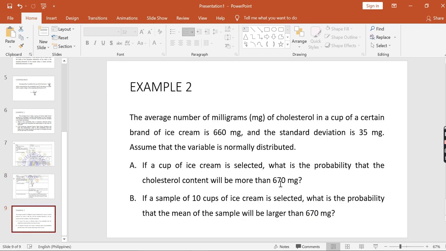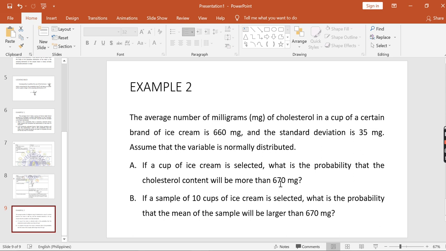Okay, so let's have this one. For example, number 2. The average number of milligrams of cholesterol in a cup of a certain brand of ice cream is 660 milligrams, and the standard deviation is 35 milligrams. Assume that the variable is normally distributed.